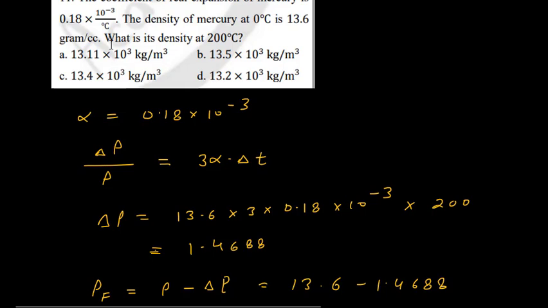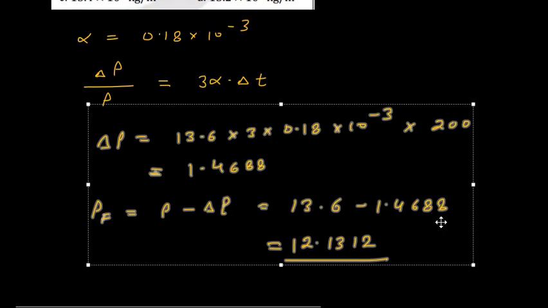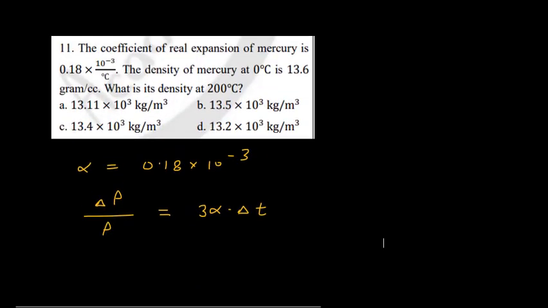Density is given in gram per centimeter cube. If we convert this to kilogram per meter cube, there is only a change of unit. Fine, let us put the density in SI form.